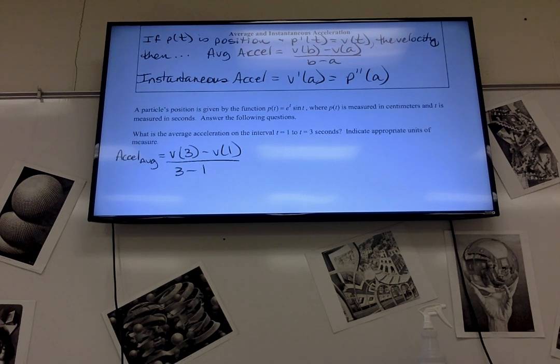V of 3, the instantaneous velocity? Well, yes. P prime of t is v of t, which we found to be, if I factored out e to the t, it's this, from the other page.